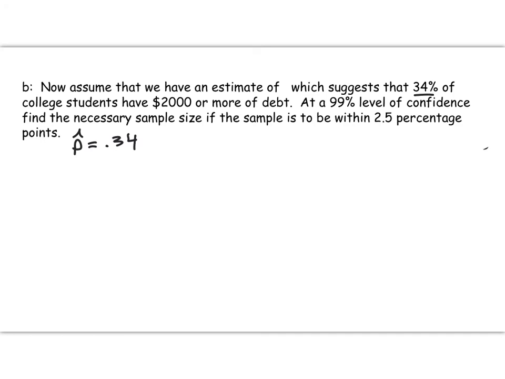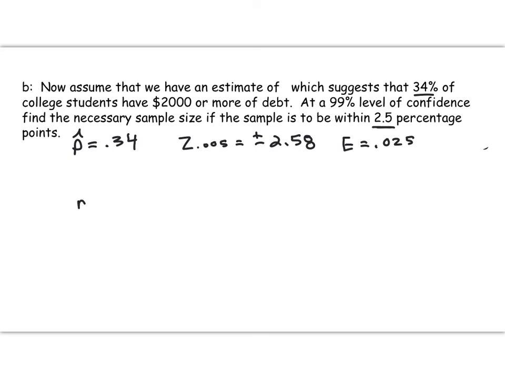At a 99% level of confidence, that means that z alpha over 2 is z 0.005, and we know that is plus or minus 2.58. Find the necessary sample size if the sample is to be within 2.5 percentage points. So the error that we are willing to accept is 0.025.